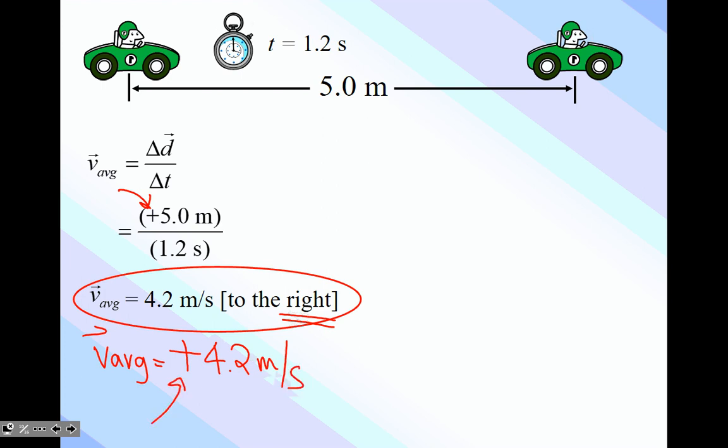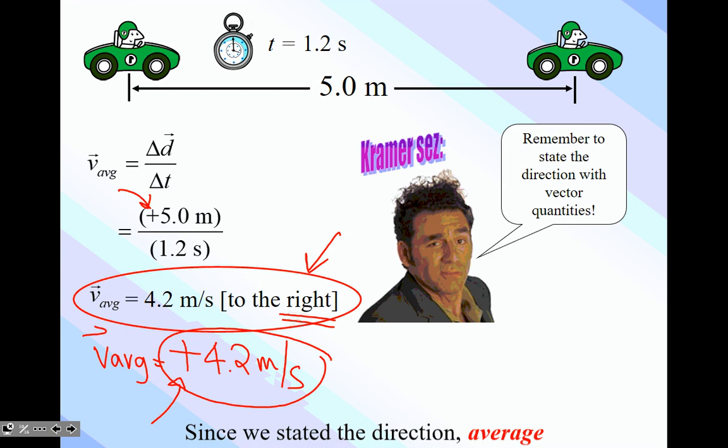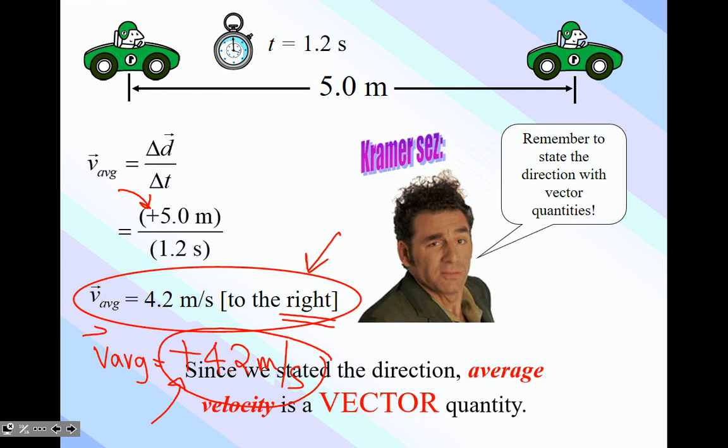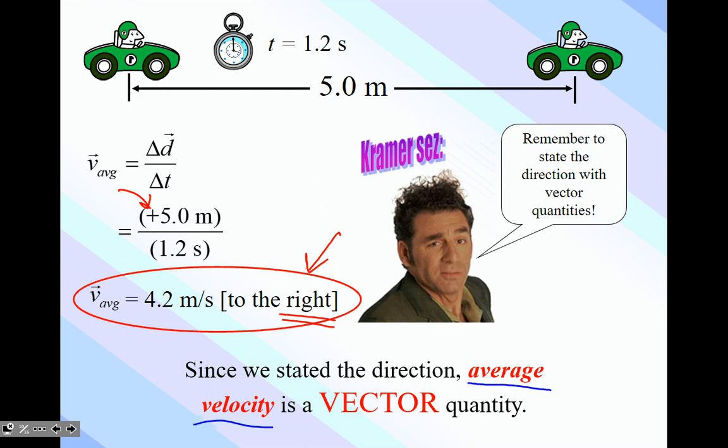This implies it's moving in a positive direction. You either have this as an answer or that as an answer. Either one is okay. Since we stated the direction, average velocity is a vector quantity. Average speed is a scalar quantity. Average velocity is a vector quantity.